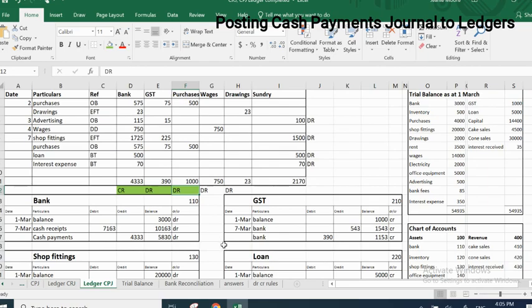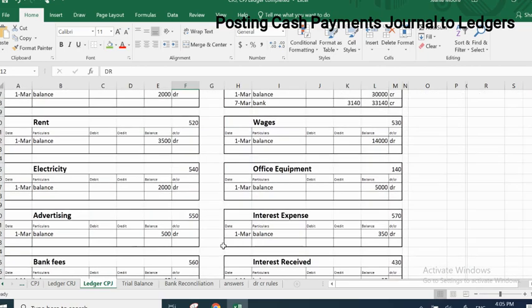Okay, wages is 750 debit, so I'm going to go down to my wages. See, its own column, so I'm using the last date again. And altogether I'm going to have 14,000 because I've already had 14,000 debits and I've debited even more.